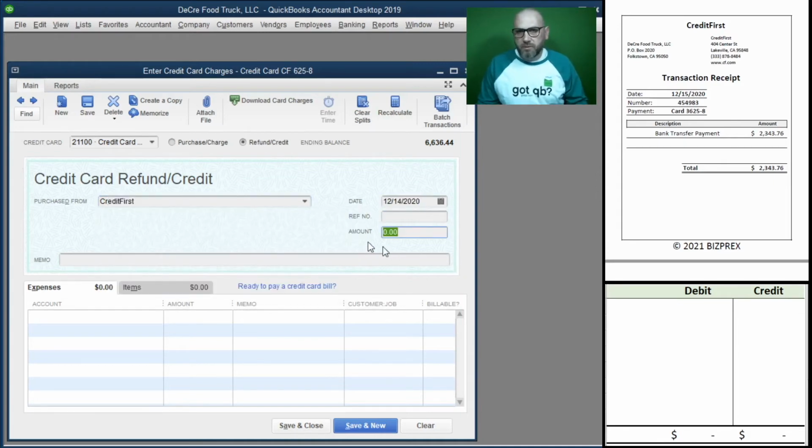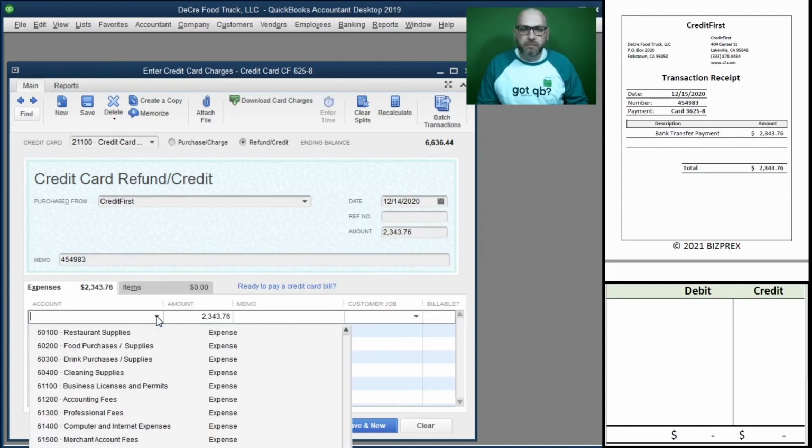This amount will turn into a debit, right? Because it will be reducing the balance on our credit card liability. So let's get it done. Alright, and we're paying it from our bank account.